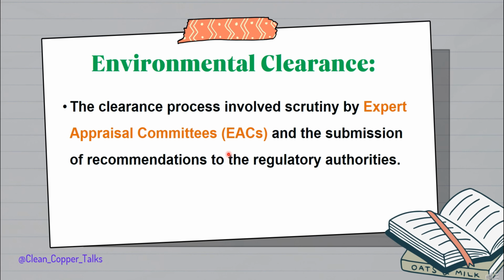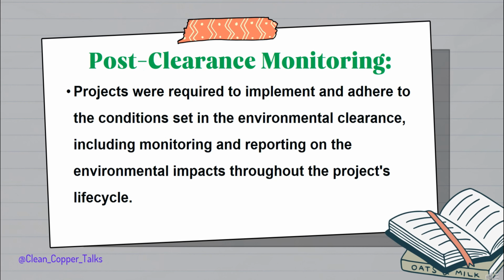Based on their recommendations, the regulatory authorities finally take the decision whether to give environmental clearance or not. So post clearance monitoring was introduced. Projects were required to implement and adhere to conditions set in the environmental clearance, including monitoring and reporting on environmental impacts throughout the project's life cycle.